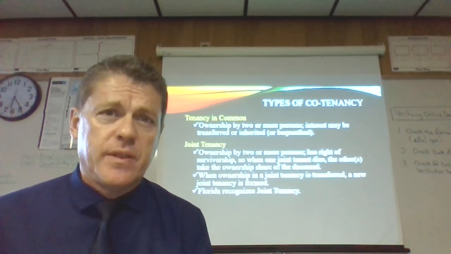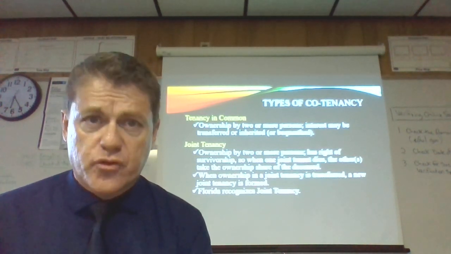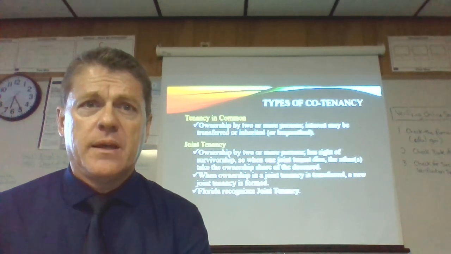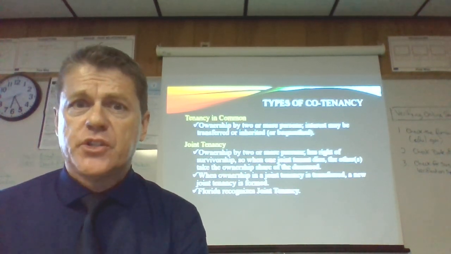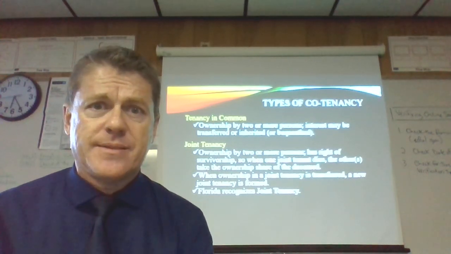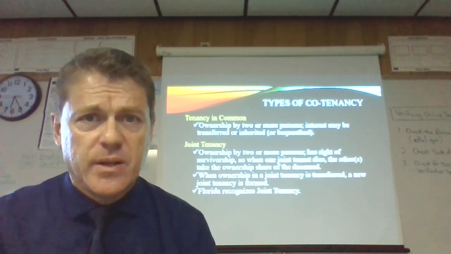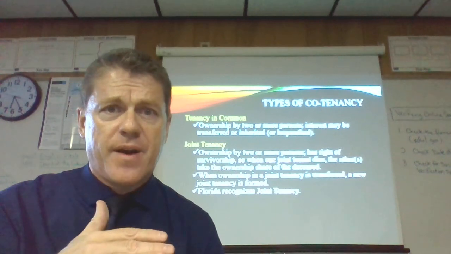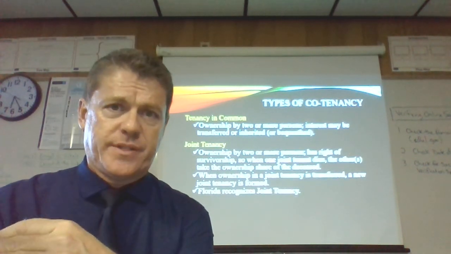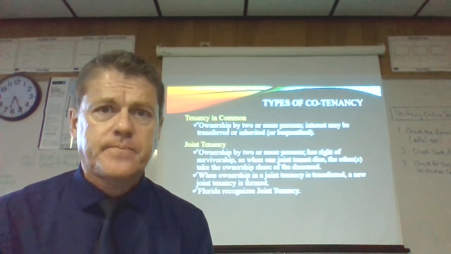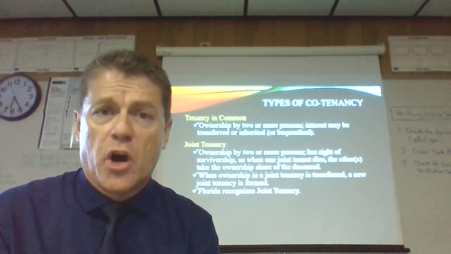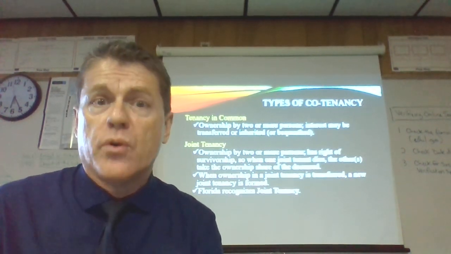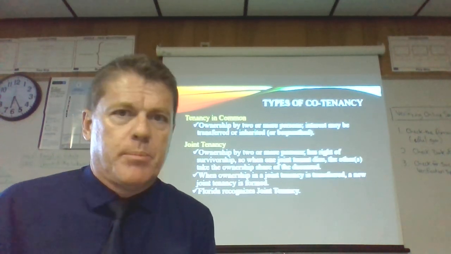Absent an agreement to the contrary, normally with joint tenancy, there's what is called right of survivorship. So if one person dies, then whatever that property is, if there's just one other survivor, they get all the interest in that particular piece of property. So let's say you and a friend buy an RV, a recreational vehicle, a motorhome, because you like to go camping.